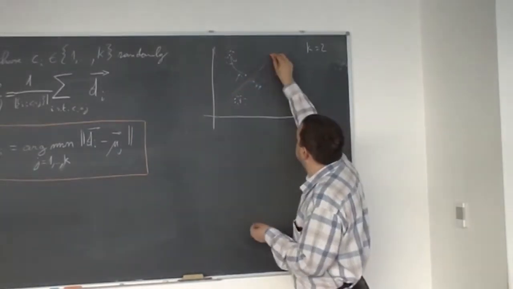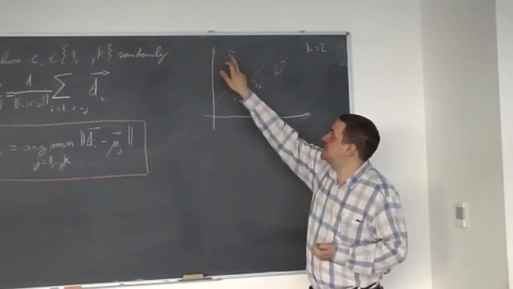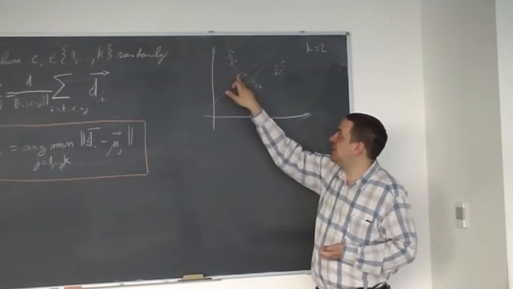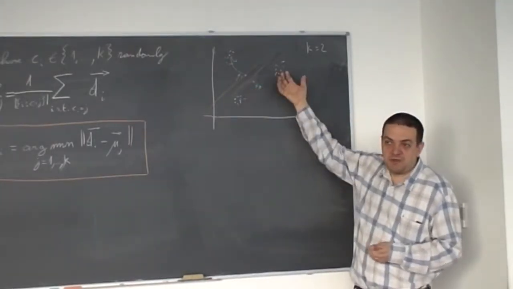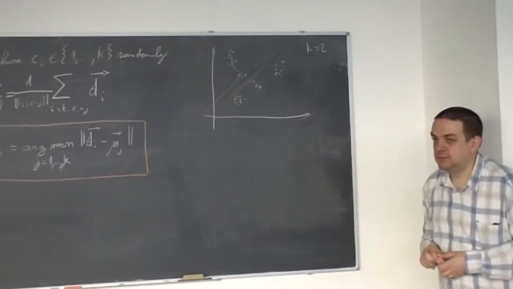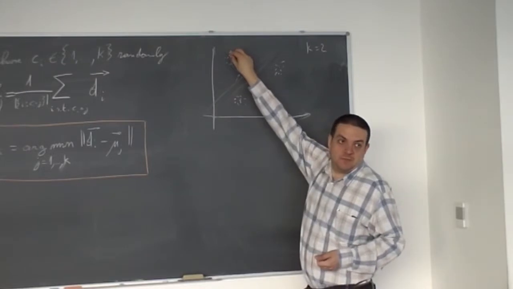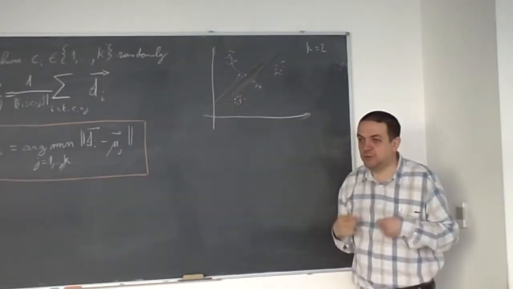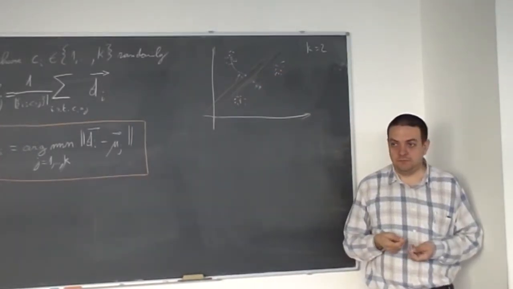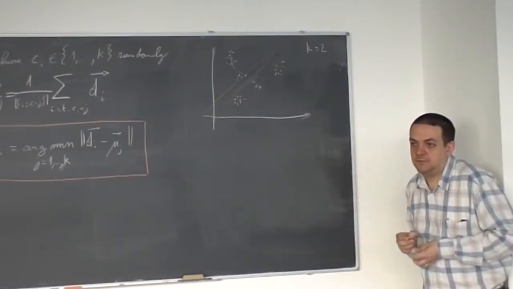Maybe it will move like this. But once one of the clusters has been caught by mu1, the rest of the clusters will probably belong to mu2. So we have one properly assigned representative, and one representative that has to cope with more than one cluster. And the situation is going to stabilize this way. Okay?